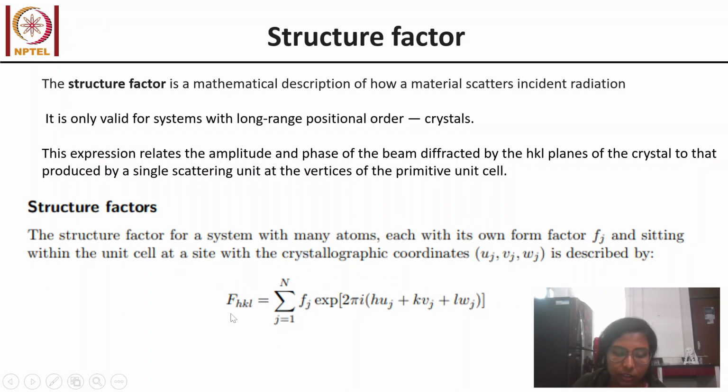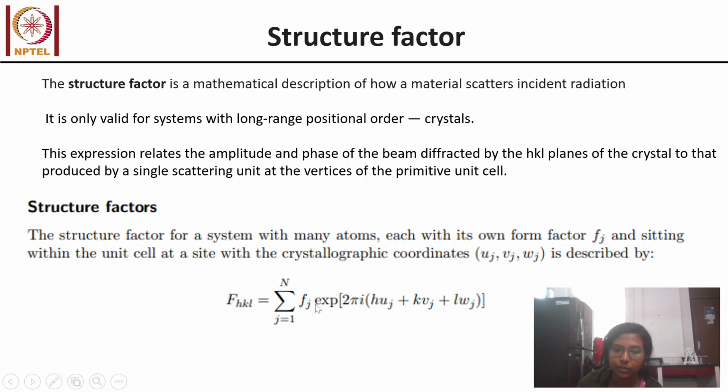If the structure factor of this HKL plane is capital F, then it is the summation over all the atoms, 1 to n. If j is the index, and there are suppose two atoms, then j will be 1 and 2. Then f1 is the corresponding atomic form factor for atom 1, and f2 for atom 2.